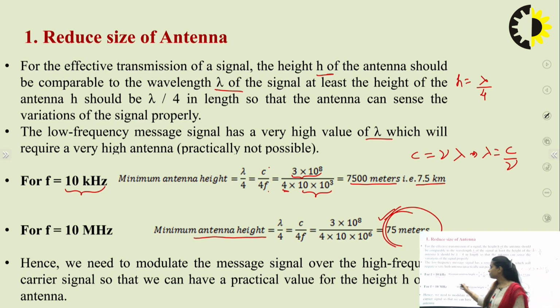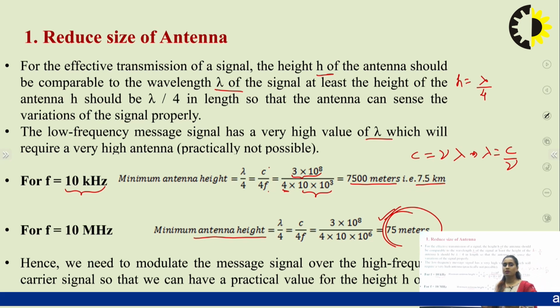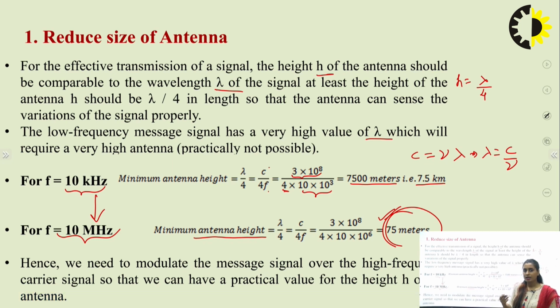And we know that the message signal that we want to propagate falls in the lower frequency range. So performing modulation, we are actually altering the characteristics of a high frequency signal with respect to the instantaneous value of the low frequency message signal, and here my data is traveling with this frequency, and this frequency is capable of reaching the destination even with the help of a smaller tower, right?